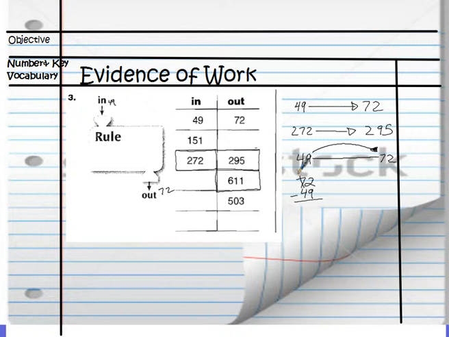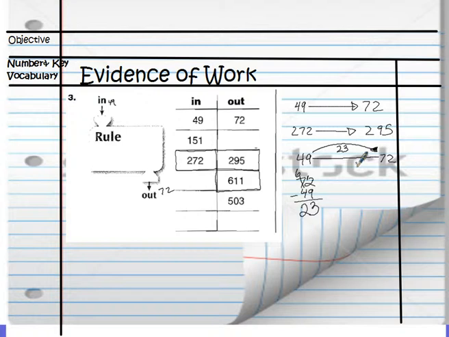Since I'm taking a 1 away from it, this becomes a 6, and this becomes my 12. Now 12 take away 9, that equals 3. 6 take away 4 equals 2. So my number is 23.